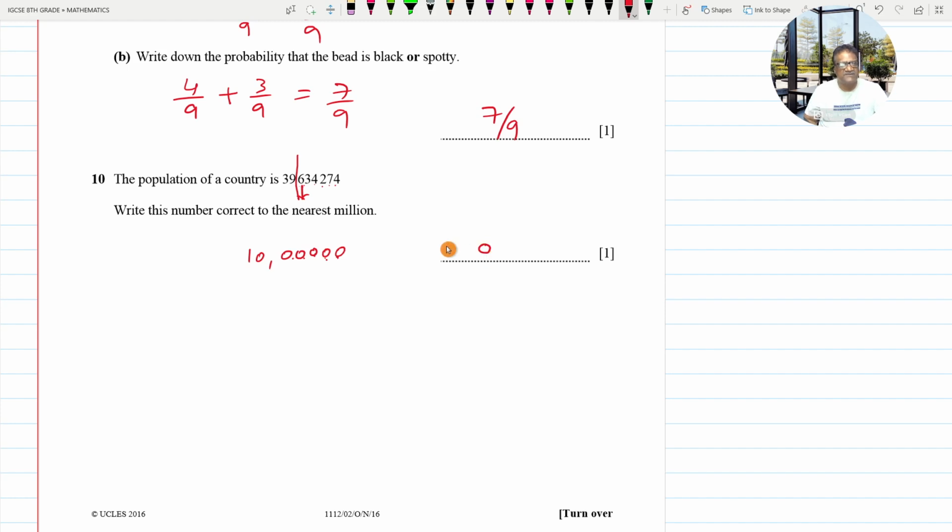So this will become 0, and that 1 will get added to this 3 and it will become 4. So this 39 becomes 40, and then you will have to add 6 zeros here. 1, 2, 3, 4, 5, 6. So this is your answer. The population will be 40 million.